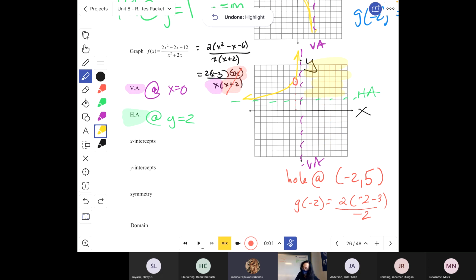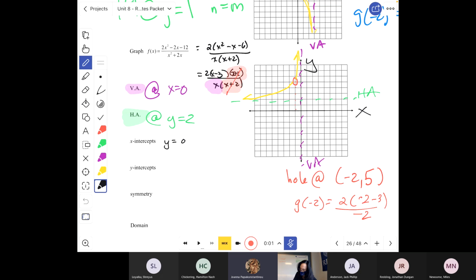So what do I have to do? Well, should we look to see maybe any x-intercepts? Sure, why not? Do we have any x-intercepts? Remember, that's when y equals 0. So set the numerator, the factored form, equal to 0.